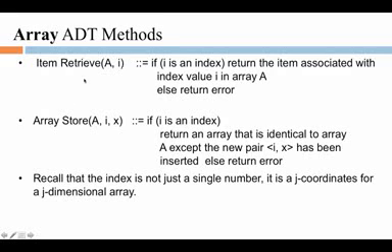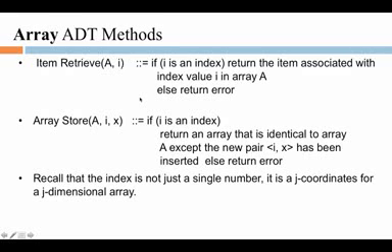Now come the other methods, which are the update methods, retrieve and store. The retrieve method takes the array A as an argument, I as an index, and returns a value which is an item or an error.